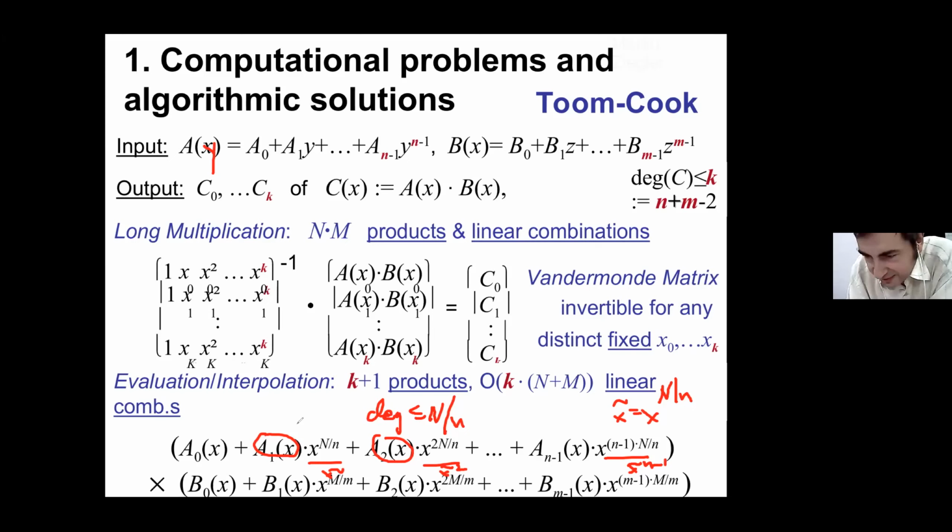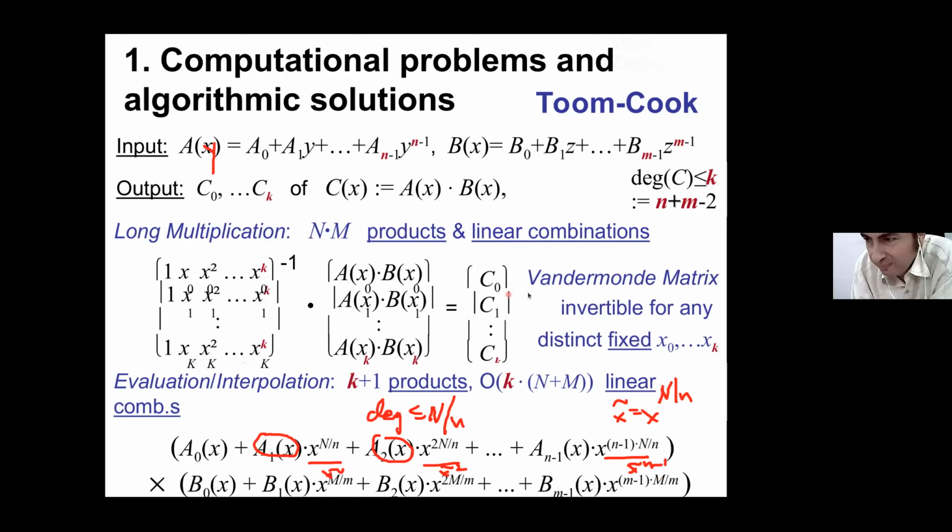What you do now is multiply these two polynomials as polynomials in x tilde, using this Vandermonde construction. So you regard these polynomials as polynomials in x tilde. The second one is of degree small m in x to the power capital M over small m.